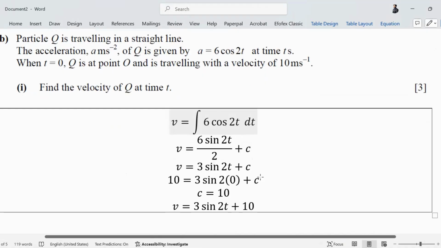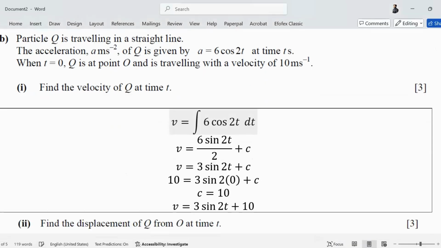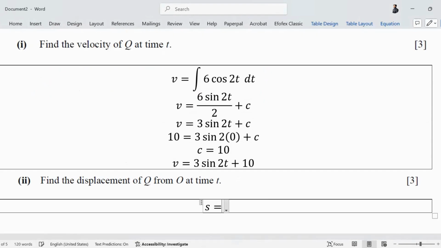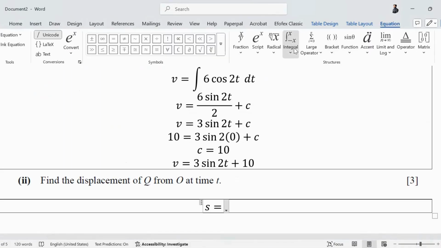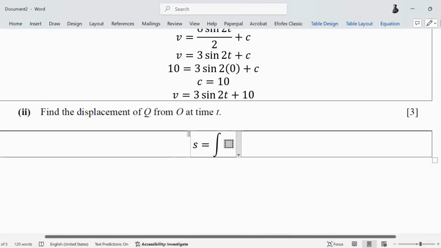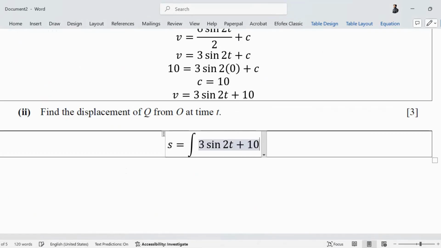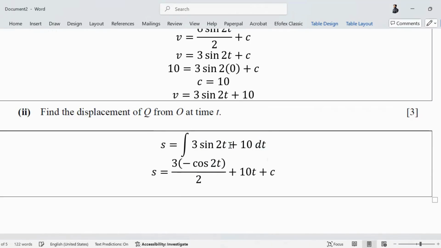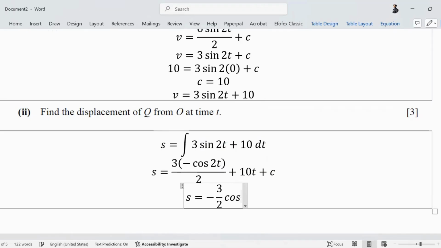And the last part of this question: find the displacement of Q from O at time t. How do I get displacement? If I integrate velocity, I will get displacement. So velocity was 3 sin 2t plus 10. So minus 3 upon 2 cos 2t plus 10t plus c.